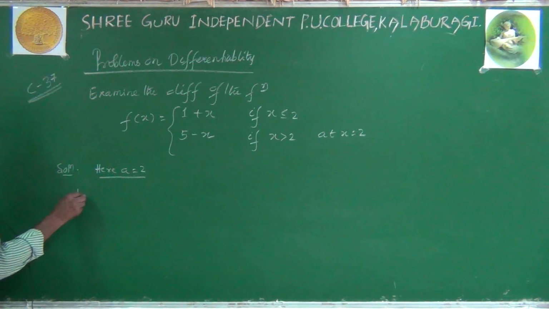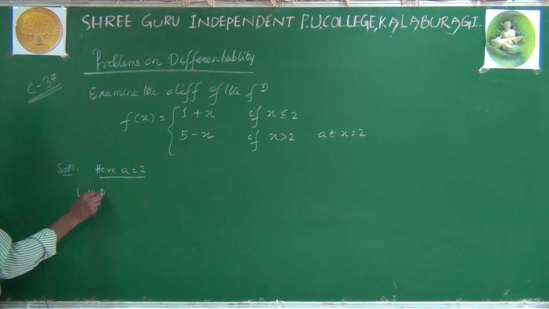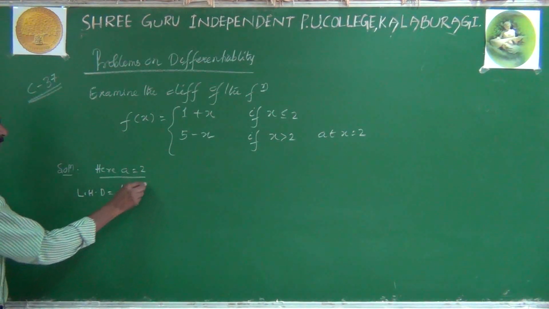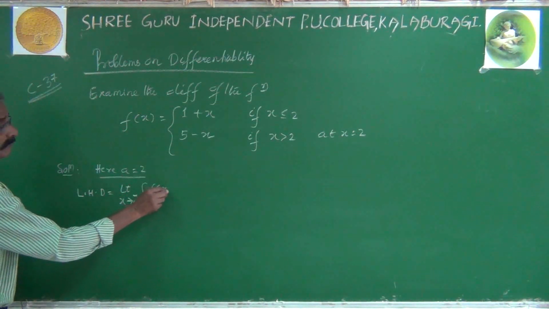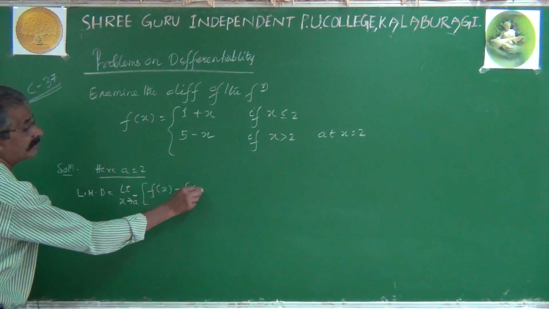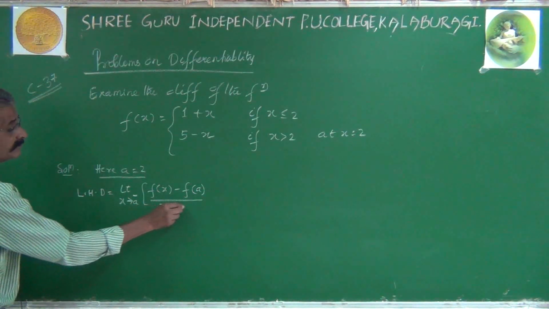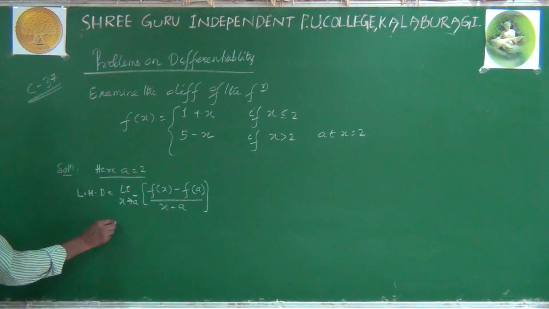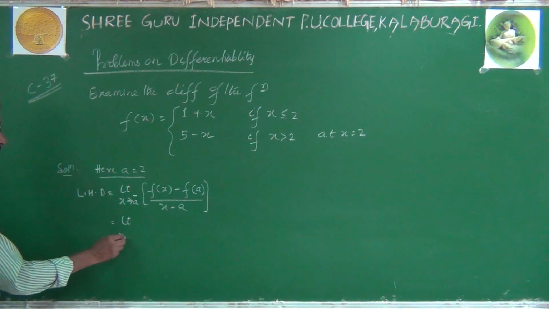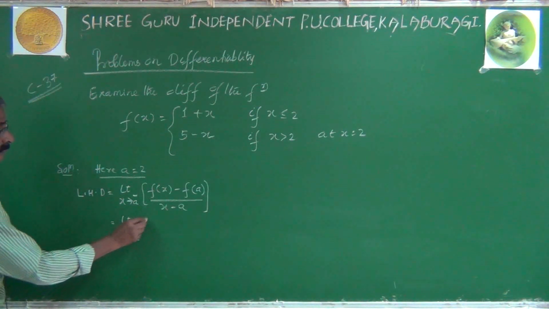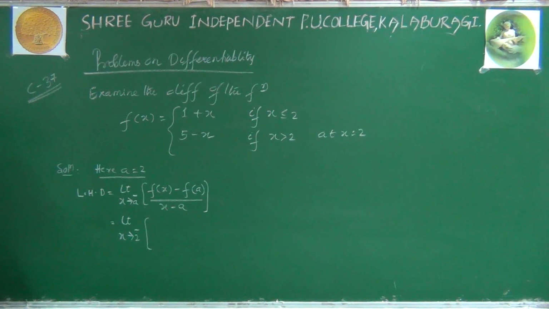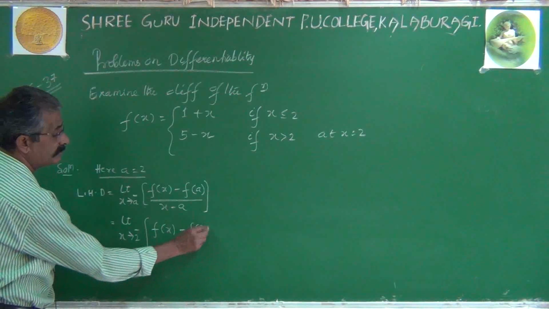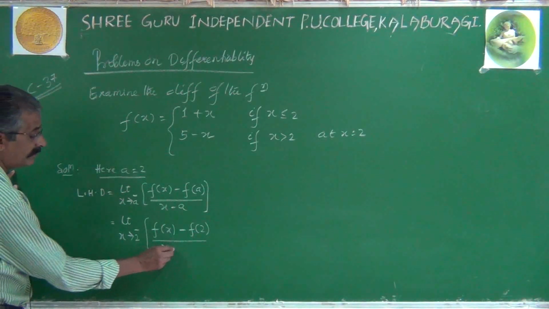Left hand derivative, LHD, is the limit as x extends to a minus of f of x minus f of a divided by x minus a. That is, the limit as x extends to 2 minus of f of x minus f of 2, divided by x minus 2.